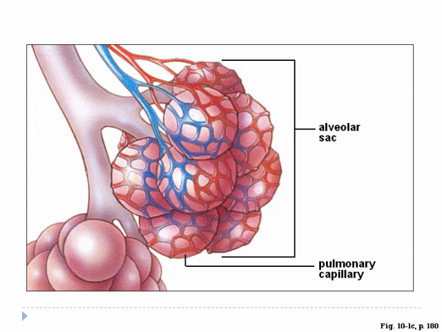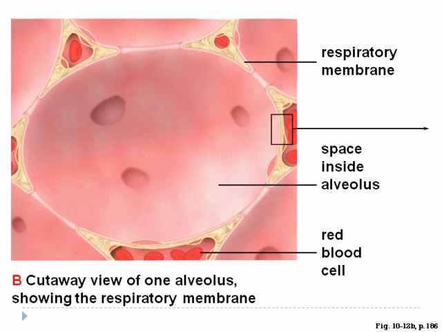If we go back to this figure that looks at blood vessels around these alveolar sacs, if we cut them open, this is what that looks like. These capillaries that surround these alveolar sacs have been cut in cross-section, so we can see the red blood cells.